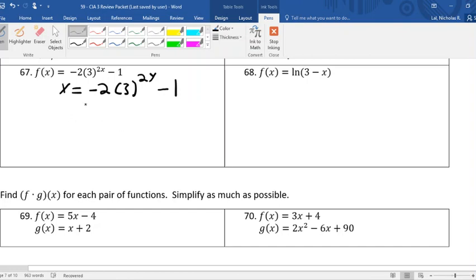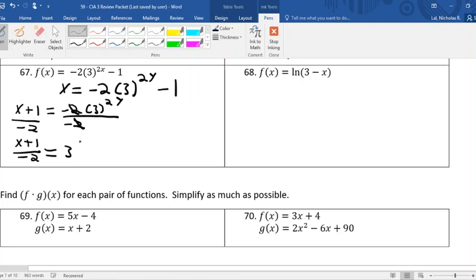All right, and now we need to isolate y, so we can have x plus 1 is equal to negative 2 times 3 to the 2y. Divide each side by negative 2. We will have x plus 1 over negative 2, negative 2's cancel out, is going to be equal to 3 to the 2y.